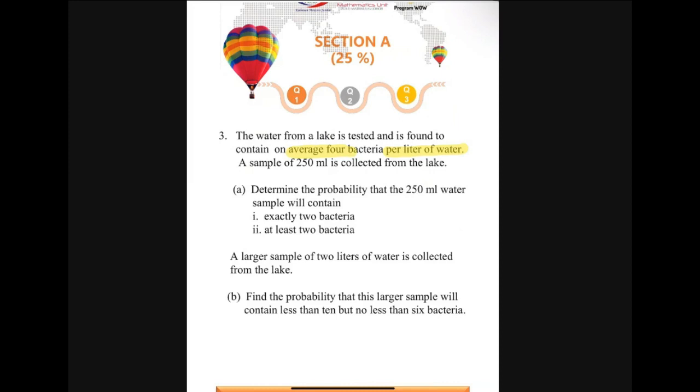So if the sentence or the question mentioned about an average of 4, that's straight away referring to our Poisson distribution. Okay, and then make sure you have the same rate. Now we have a sample of 250 milliliter. They use a different rate for that part, means you have to change your average. Okay, so for part A, we have to find the probability exactly 2 bacteria or at least 2 bacteria.